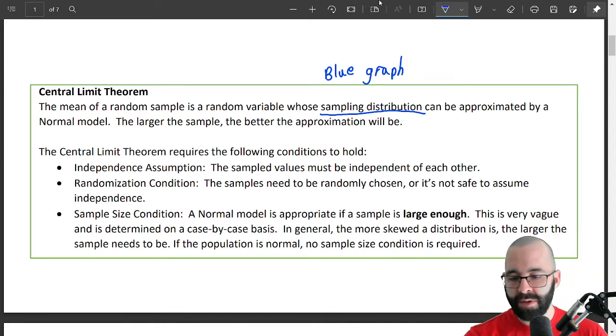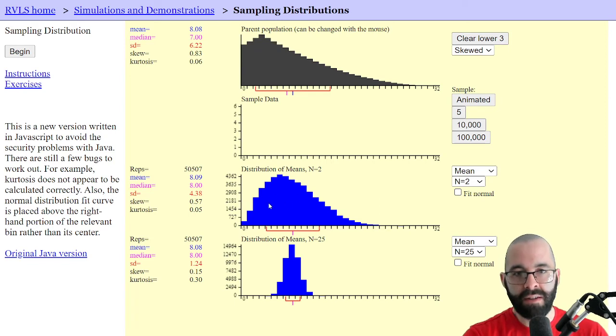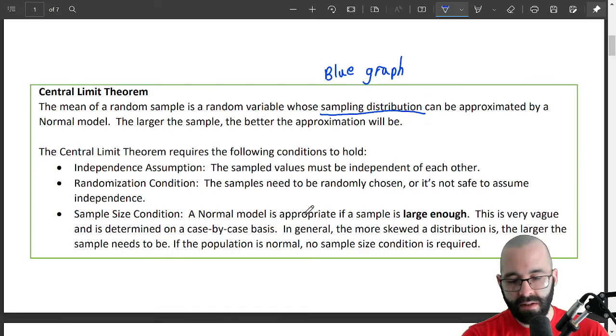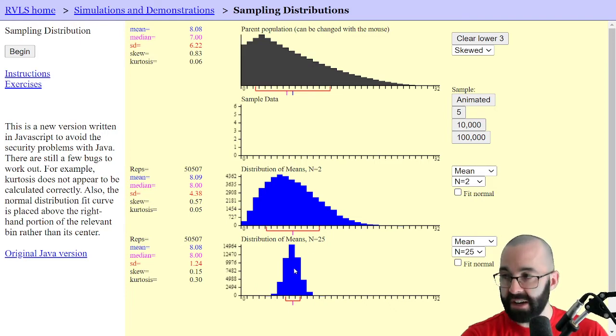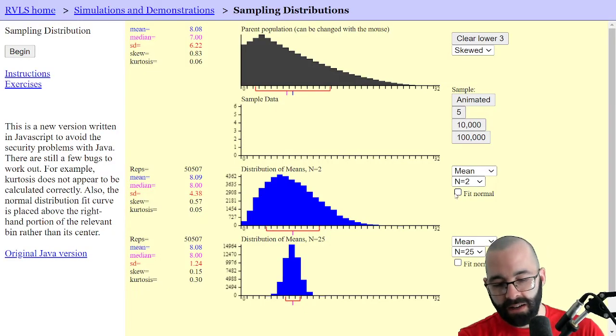So this blue graph can be applied. This blue graph, and I keep thinking I'm saying bluegrass. This blue graph down here can be approximated with a normal model. Yeah, this looks like a normal curve. The larger the sample, the better the approximation is going to be.